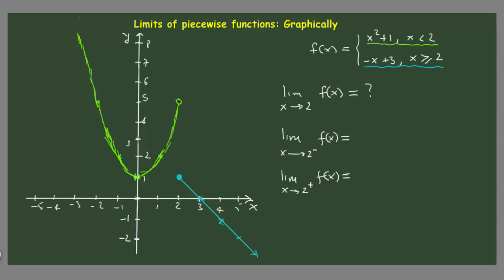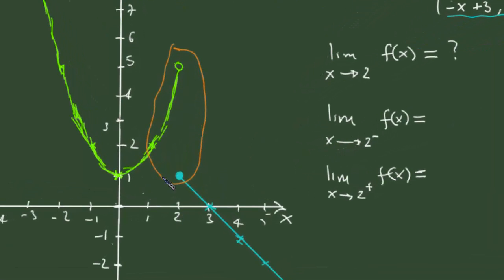Now we want to find the limits. Our job here is to find the limit from the left and from the right side when x approaches 2. We will start with the first one. Graphically, we can read it. We can also put it algebraically.